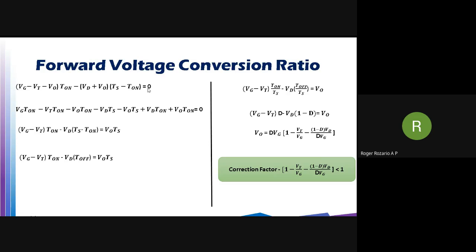Whether it will be less than 1 or equal to 1. In an ideal converter, what was V0 by Vg?